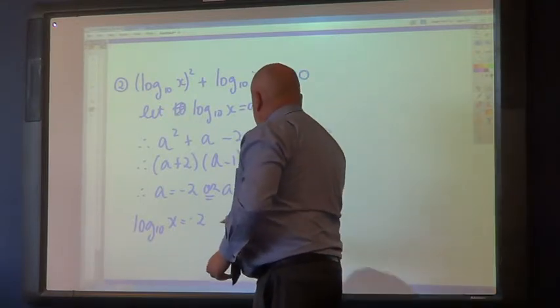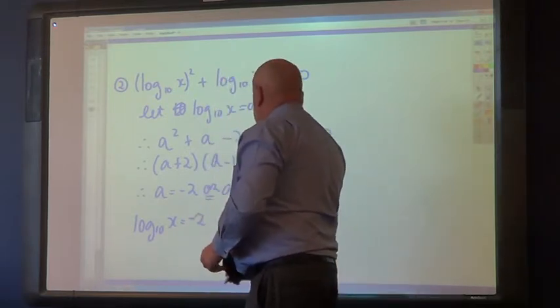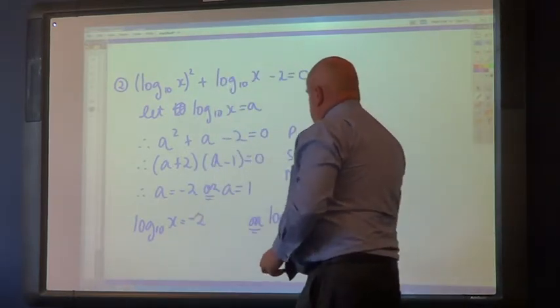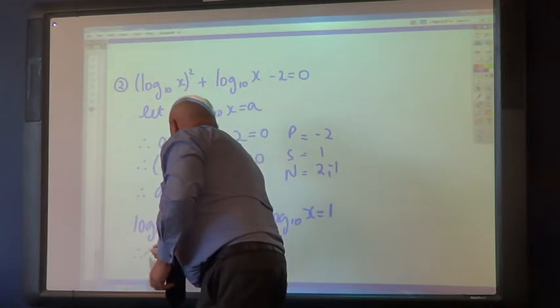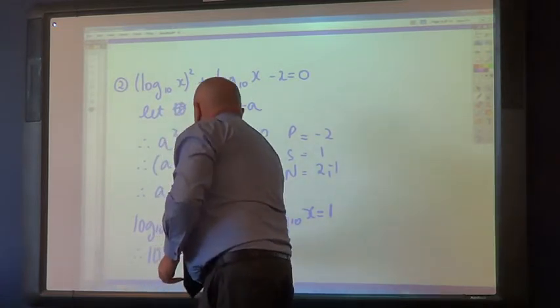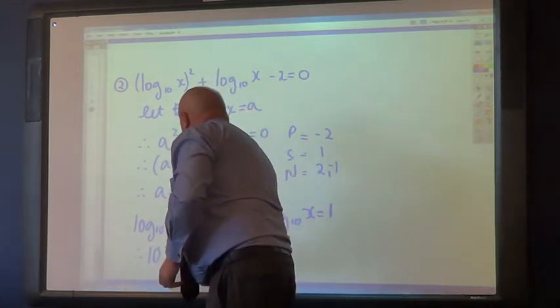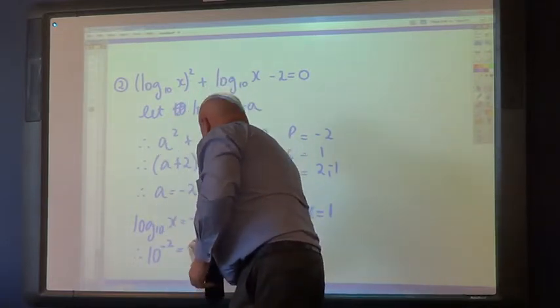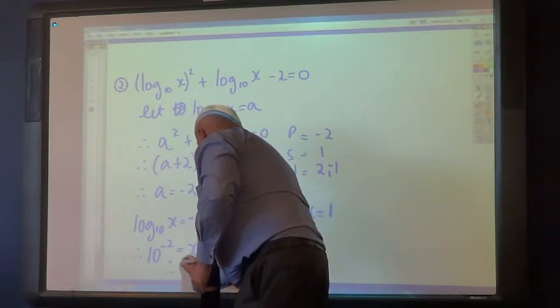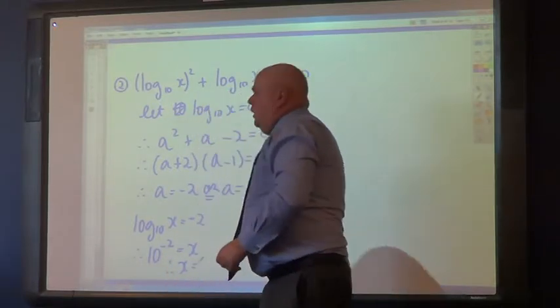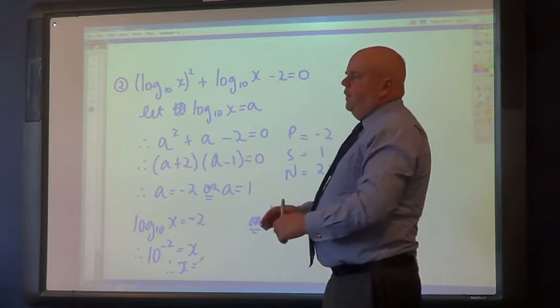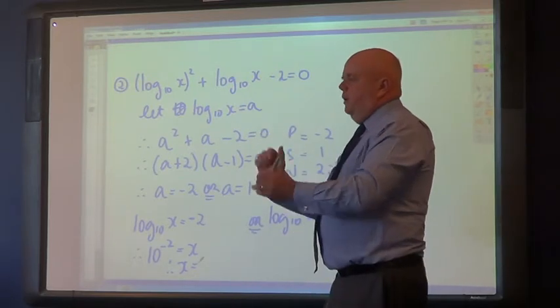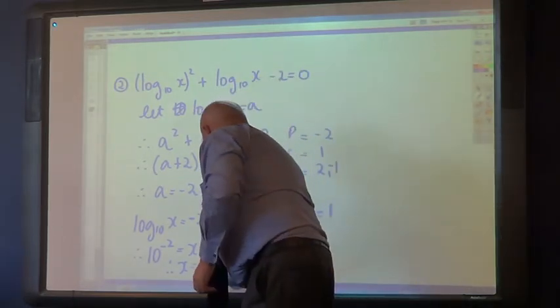Now let's see if we can make sense of this. Now we've got to solve. Remember, base, index, number. So therefore x equals 10 to the negative 2, which you should recognise as 1 over 10 squared, in other words 1 over 100.